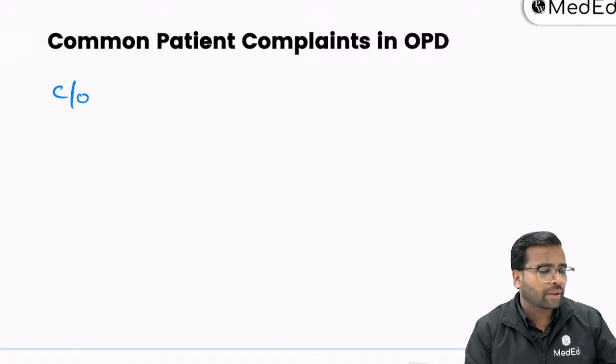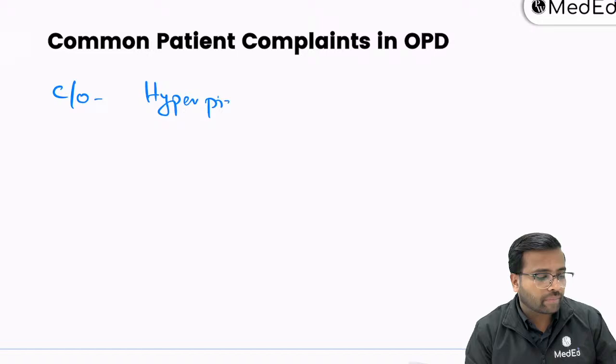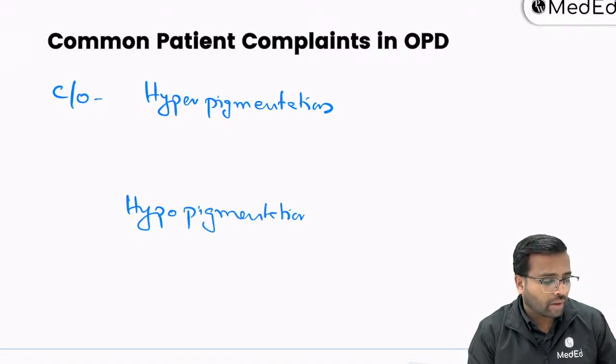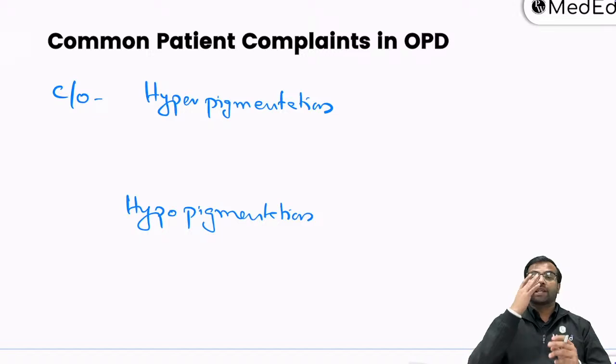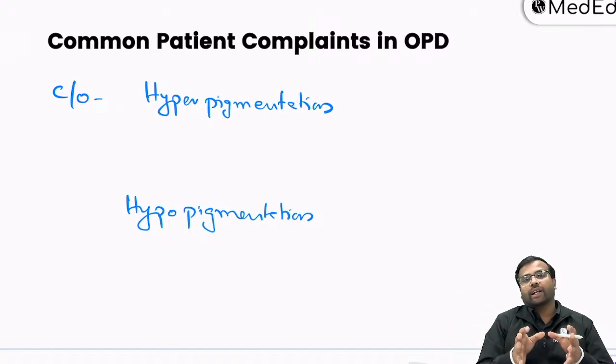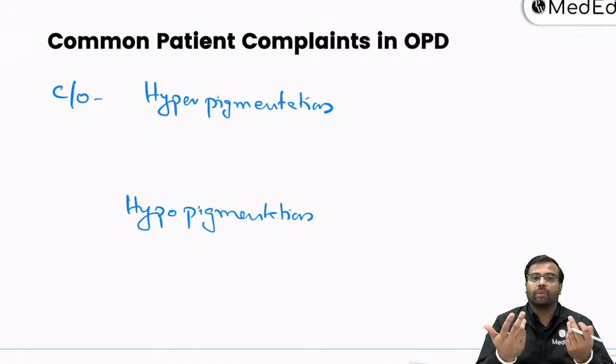The patient can complain of either hyperpigmentation, or the patient can complain of hypopigmentation. So either the color of the skin is darker, which is called hyperpigmentation, or the color of the diseased skin is lighter, which means hypopigmentation.